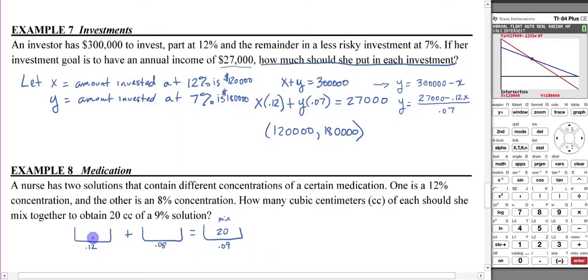How much of the other 2 that we have would we have? Well, we're going to let x equal the number of cc's of our 12% concentration and y is going to be the number of cc's of the 8% concentration.